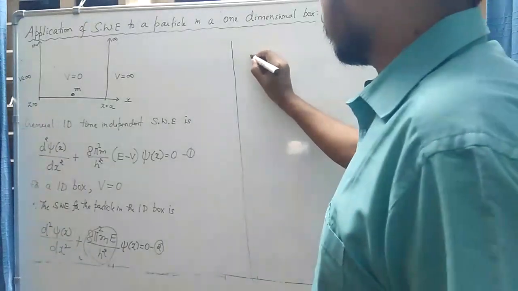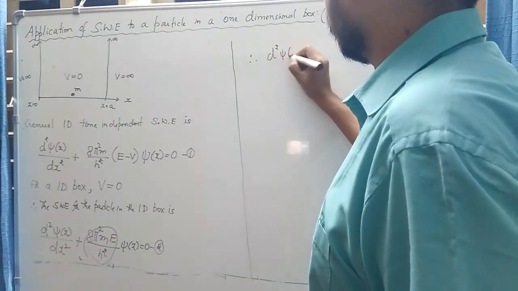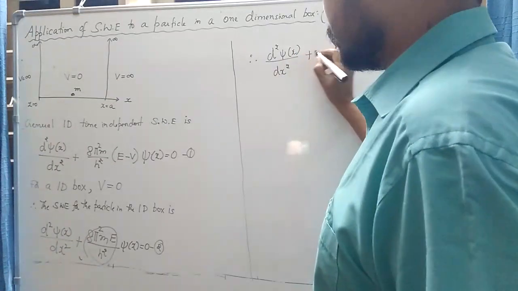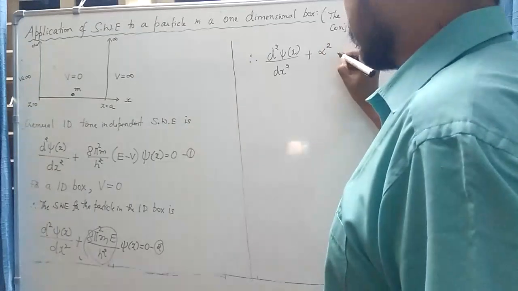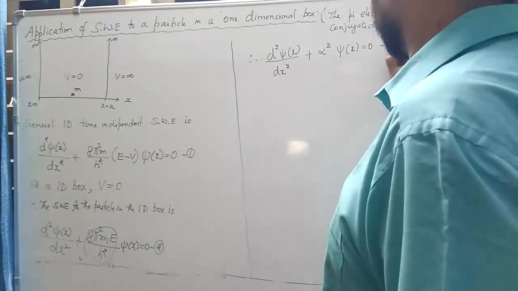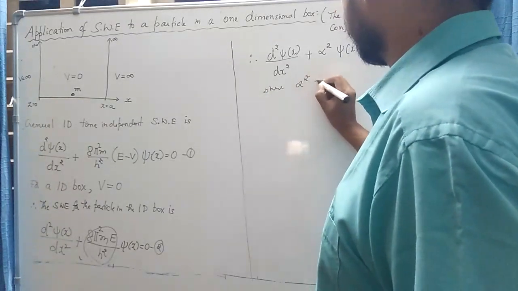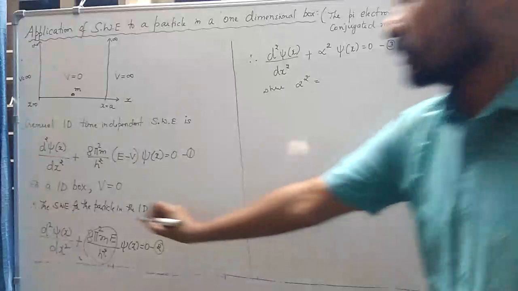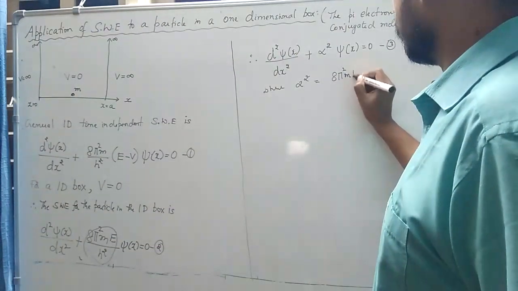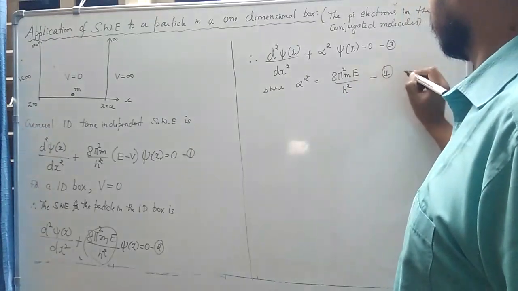So let us write equation 2 as d square psi of x divided by dx square plus alpha square into psi of x is equal to 0, where alpha square is nothing but 8 pi square m into E divided by h square, which is a constant.